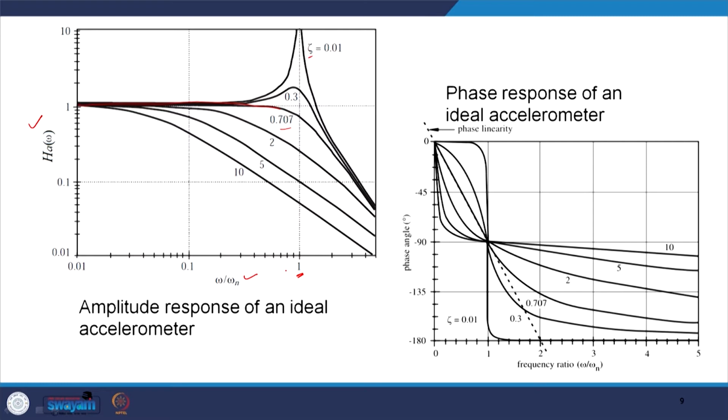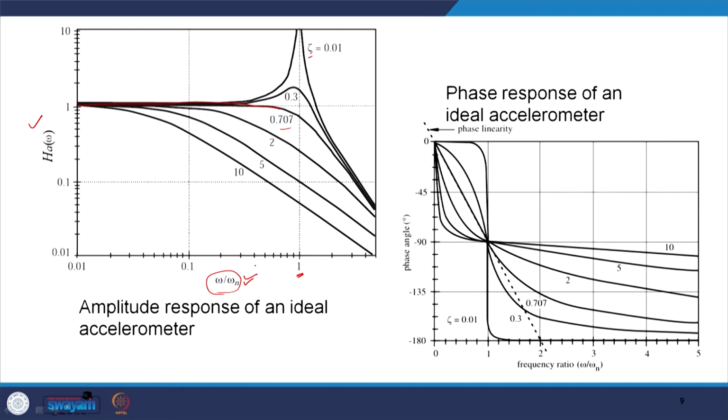For this to have a straight line portion, omega by omega n should be small, and omega by omega n can be small if your omega n is large. I will be coming back to this point a little later.